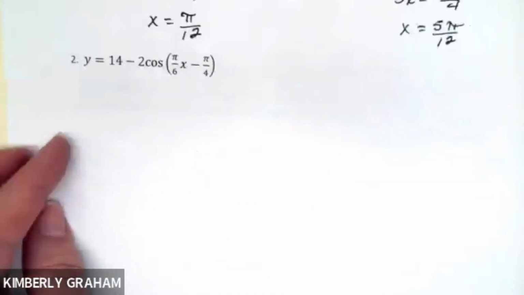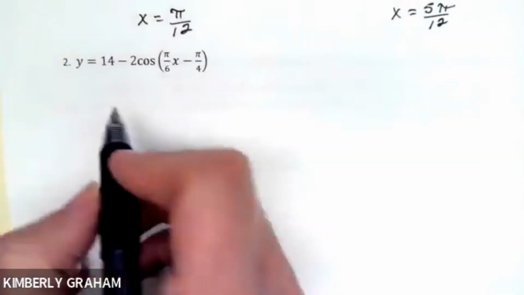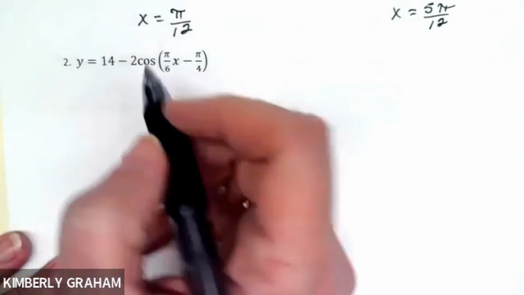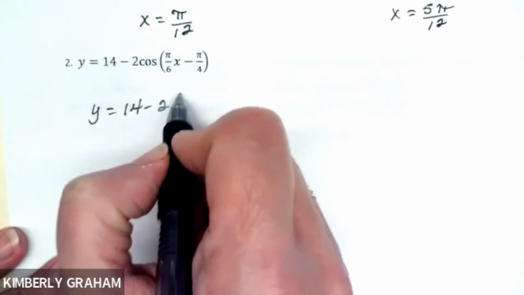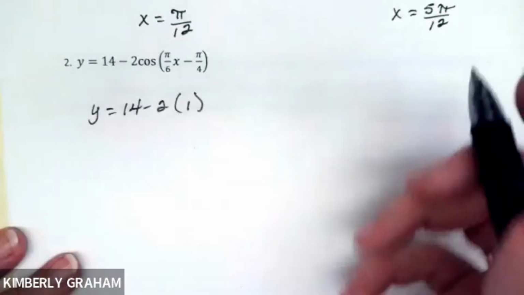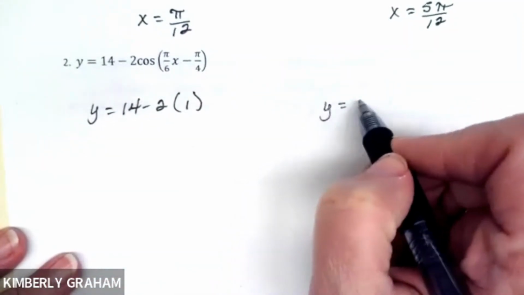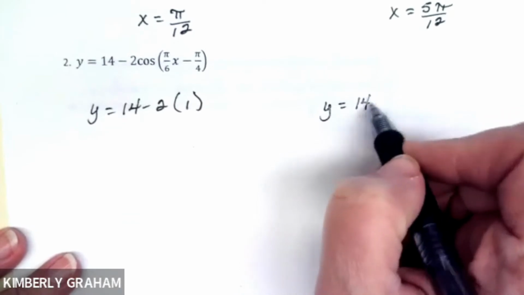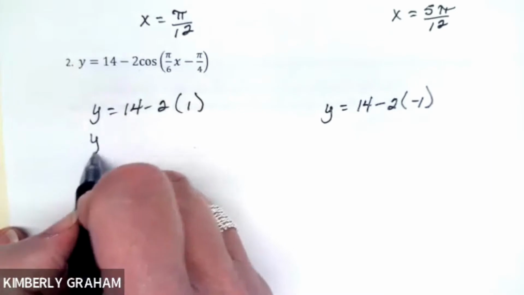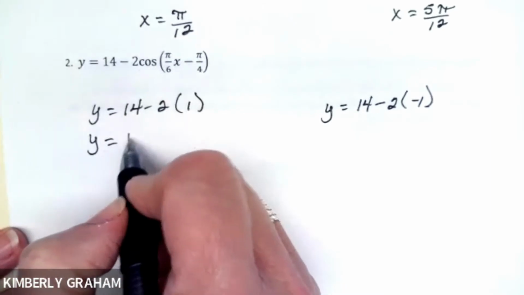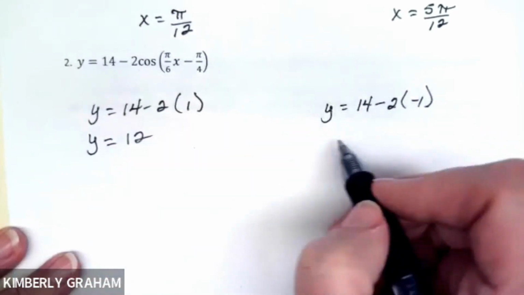Okay, so here, again, I'm looking for max and min. So here I have 14 minus, the most cosine can be is 1. And the least cosine can be is -1. But look what happens when I evaluate these expressions.